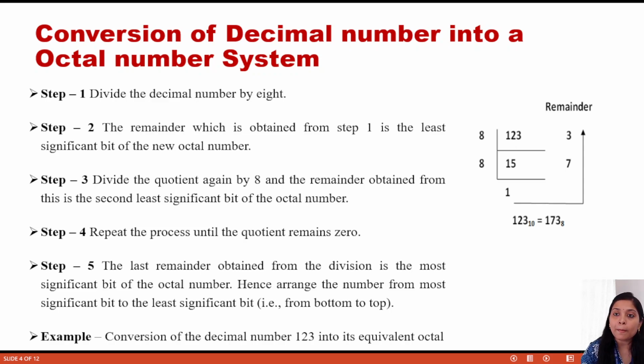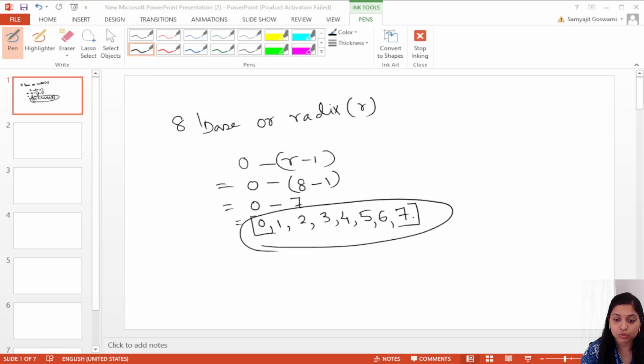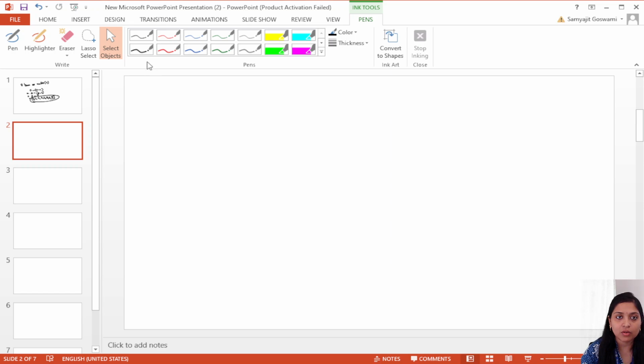As you can see here, all the division is going on by 8. So I am taking another fresh page to explain all these things. Again, I hope you understand well. I have taken the same example 123.